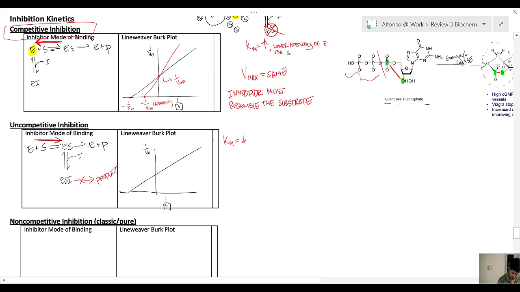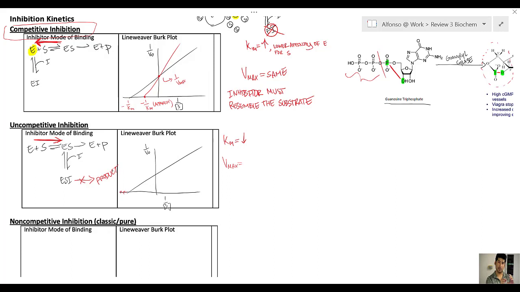And the Km is decreasing, so therefore, because the Km is decreasing, it's going to shift to the right. The line shifts to the right, and Vmax is also decreasing because we're not able to form any product. We're not able to outcompete the inhibitor. With competitive inhibition, you could outcompete it, but with uncompetitive inhibition, there is no way to outcompete it.